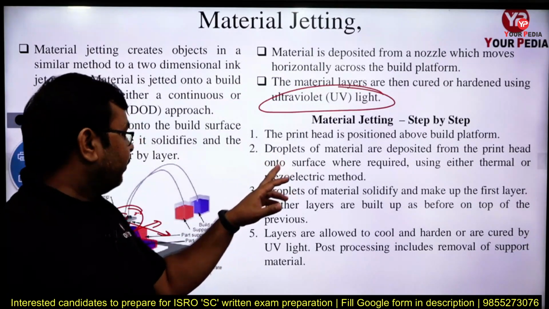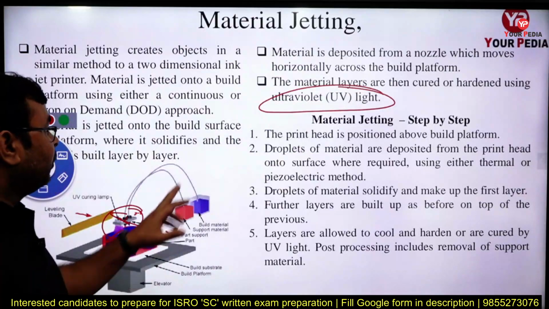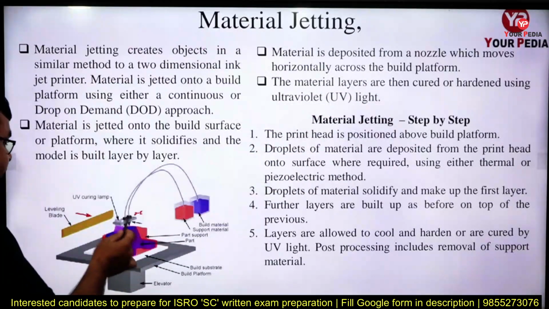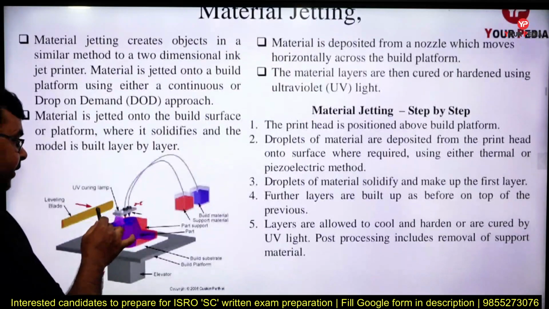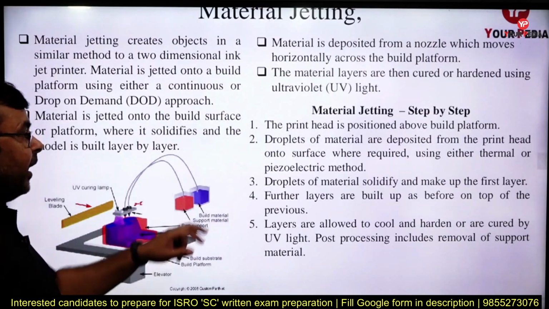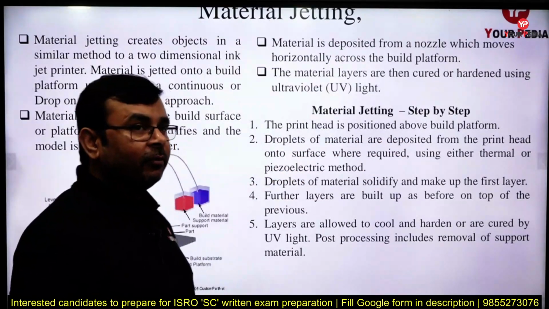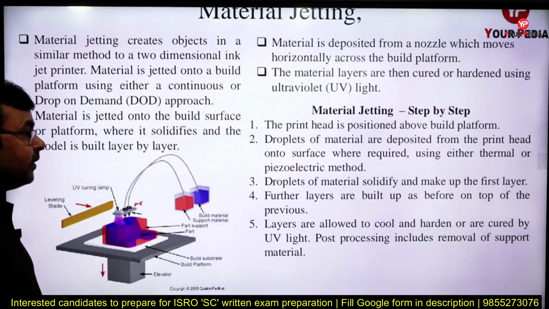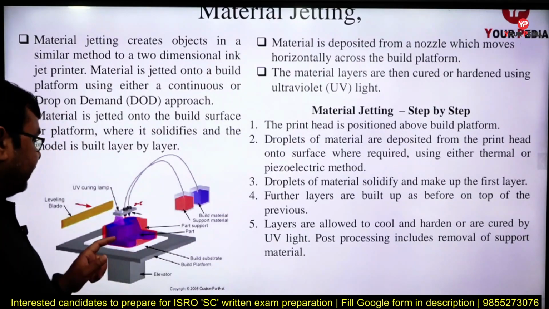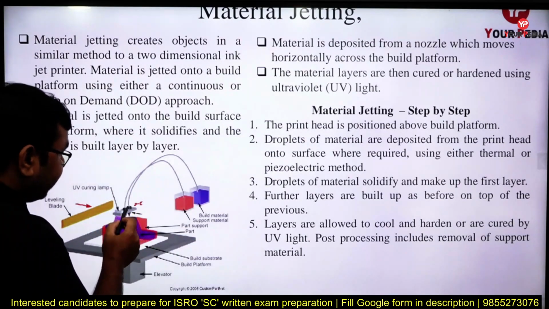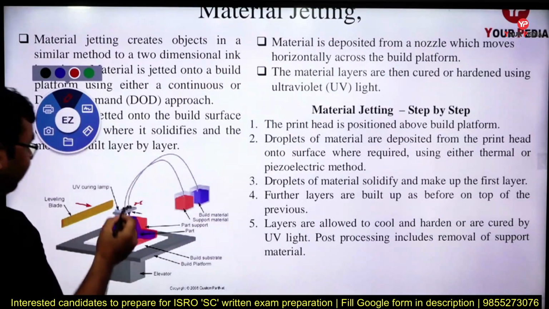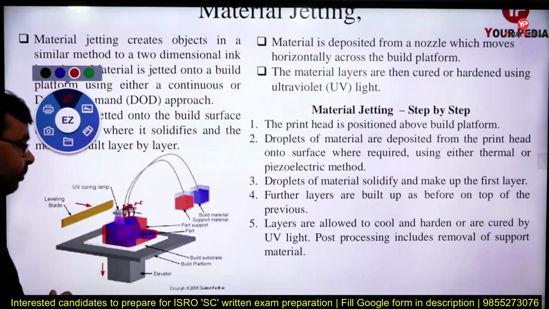Now if we see what are the steps we need to perform, the printer head is positioned above the platform, yes, you can see here this printer head which is provided over the build platform, and the droplets of the materials are deposited from the printer head onto the surface where required using either a thermal or piezoelectric method, yes or no. So according to the requirement, with the help of these nozzles, we can provide the material.